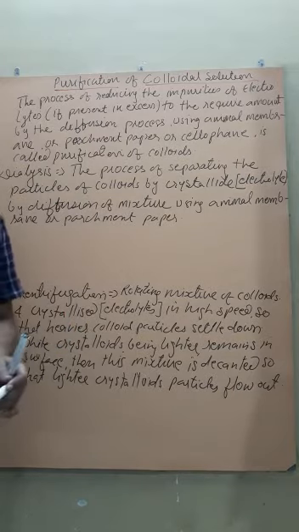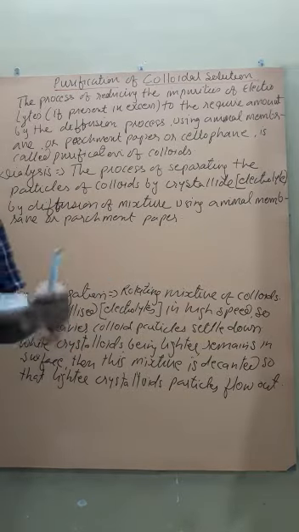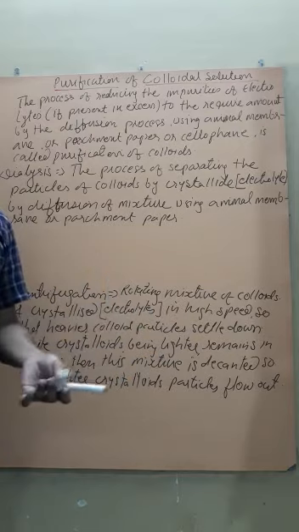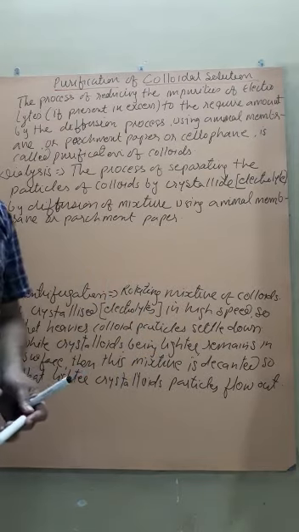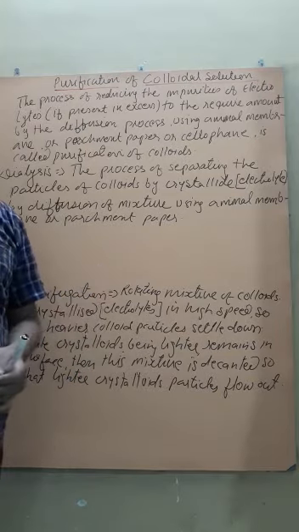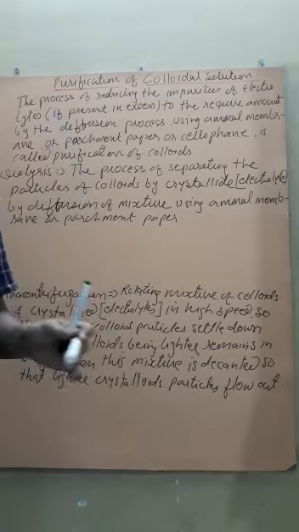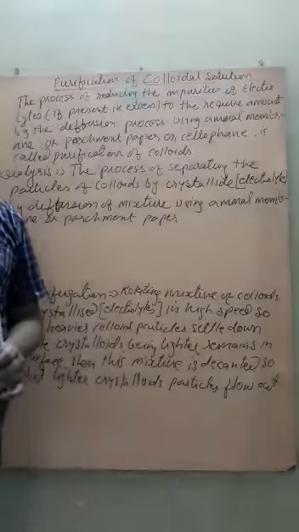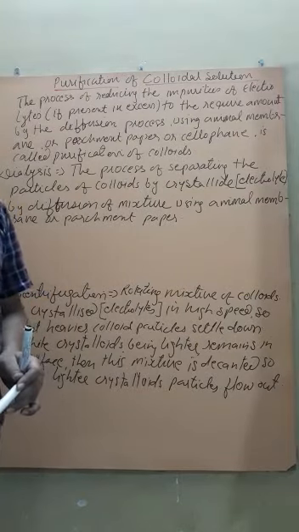So we have seen there that to prepare lyophobic sol, we need to add a small amount of electrolyte to the freshly prepared precipitate and then the colloid will form. That means to form a colloid, a strong electrolyte is required but its quantity must be limited.